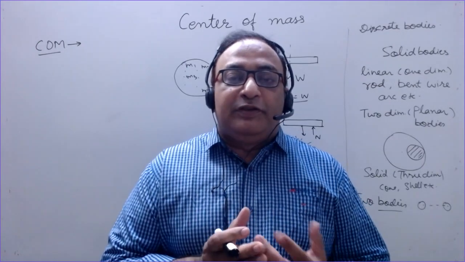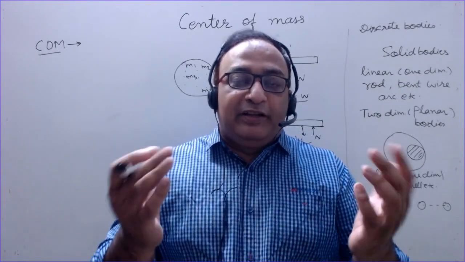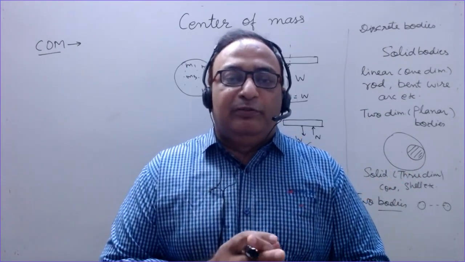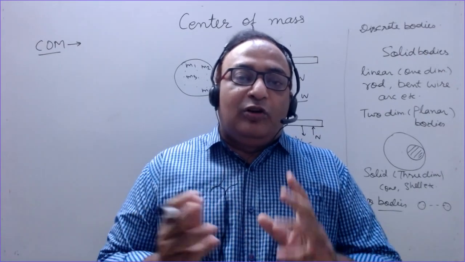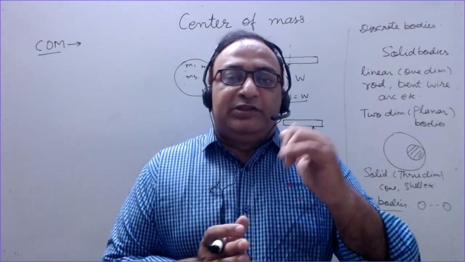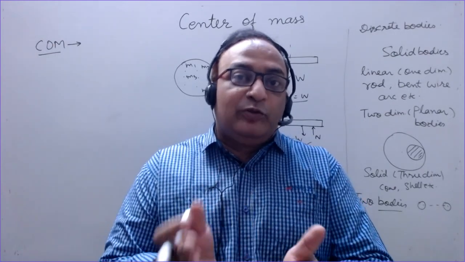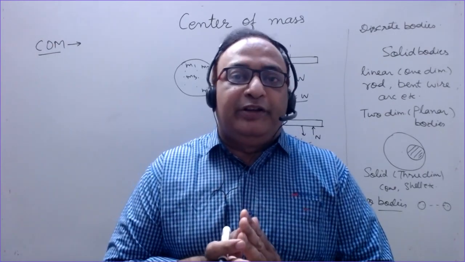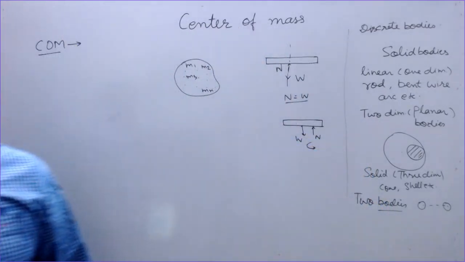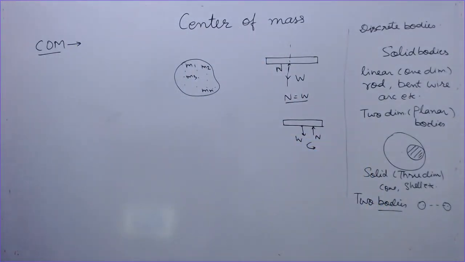The gravity force, if you consider the body as composed of individual masses, then on all these masses or particles, the gravity force is acting in the downward direction, and the resultant of that force is assumed to be concentrated at one point. That point is called center of mass of the body, and we can show it.